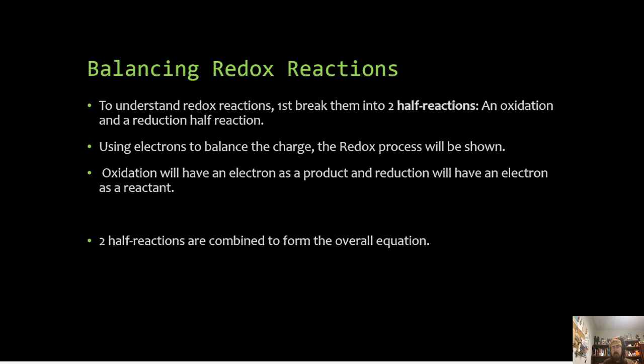This way we're going to show the redox process occurring. The oxidation will of course have the electron as a product. The reduction will have the electron as a reactant, because reduction is gaining electrons, oxidation is losing electrons. Once we have the two half reactions balanced, we will combine them in a way that balances the overall equation.